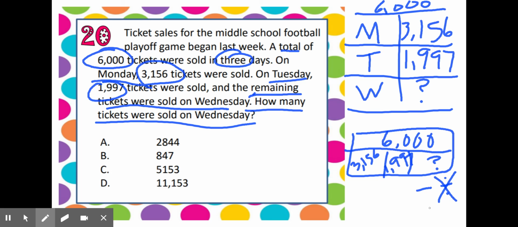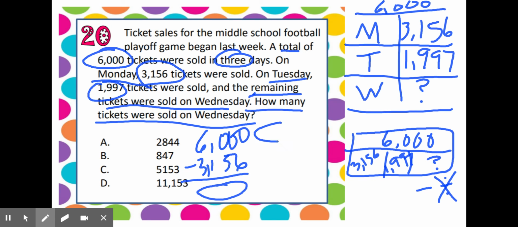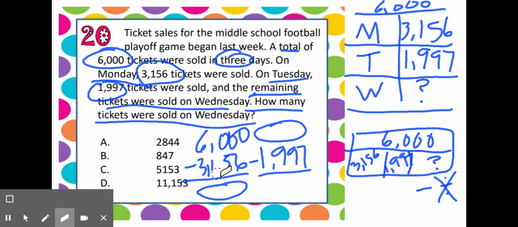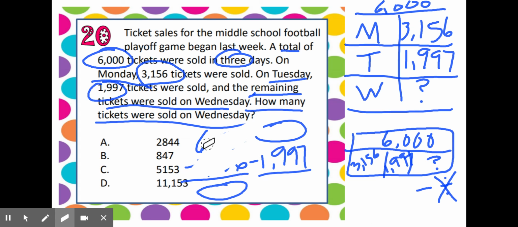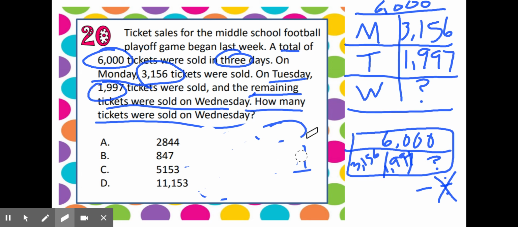Now I can do this one of two ways. I can take my 6,000, subtract the 3,156, and then once I get my answer, I can go minus the 1,997 from my answer. I don't particularly care for that way just because I have to subtract twice, and I'd rather not subtract twice.